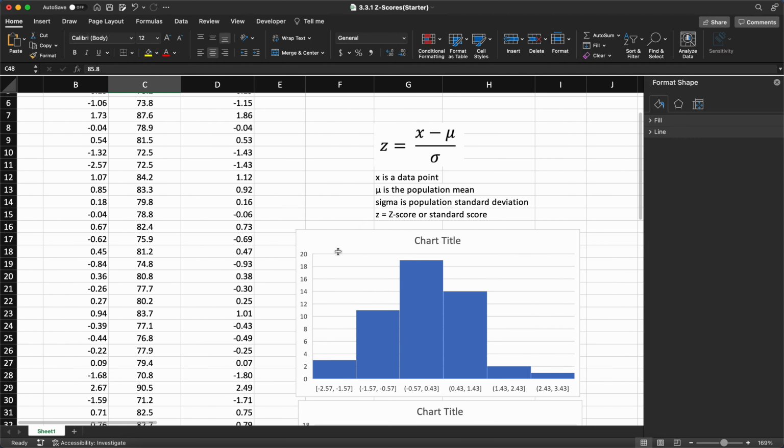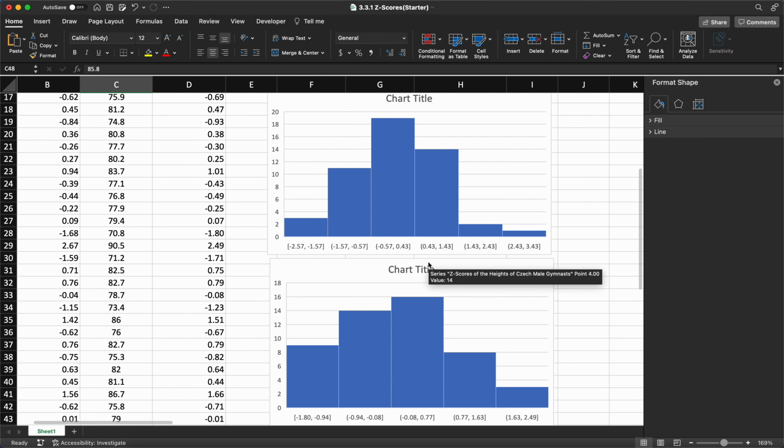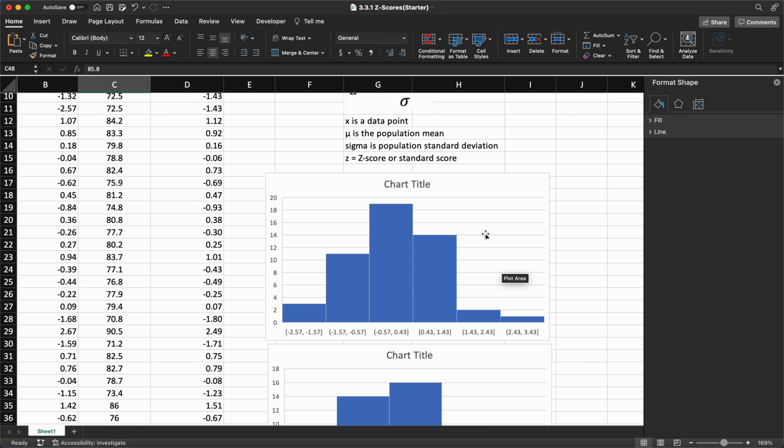So this sort of gave us the reason why we need to standardize scores, and this is a great example of a standard normal curve. All right, the values along the bottom are called z-scores now. They're not heights. We stripped the heights away. These are just z-scores. They have no units.